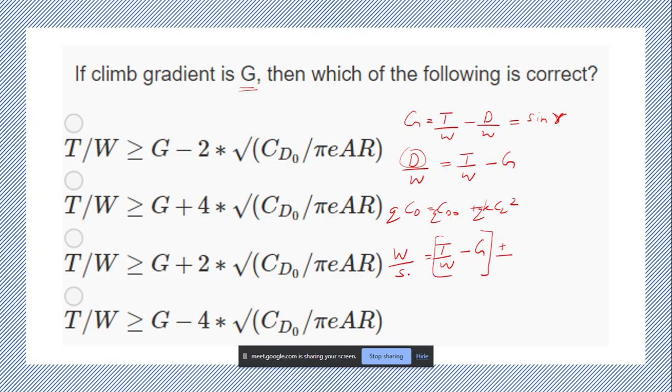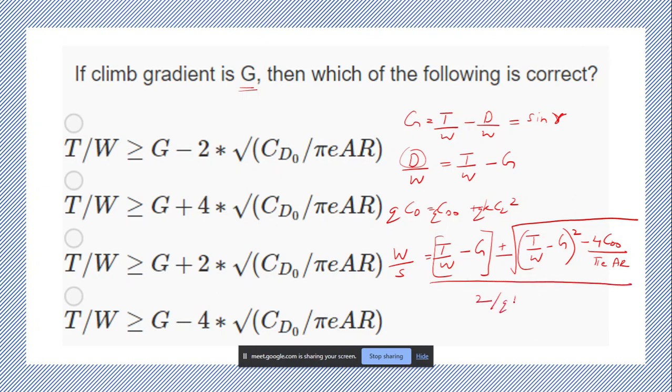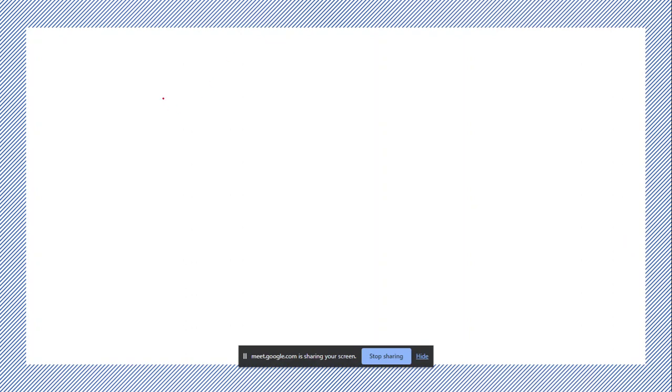So you have a quadratic equation in W by S, so you have this solution: T by W minus G whole square minus 4 CD naught upon pi E AR, by 2 upon Q pi E AR. Now if you need real values of W by S, this quantity needs to be greater than 0. So we just write down that equation.